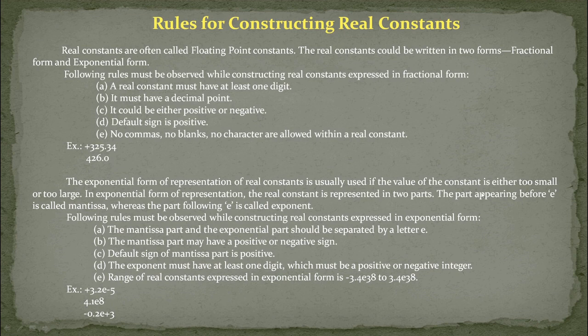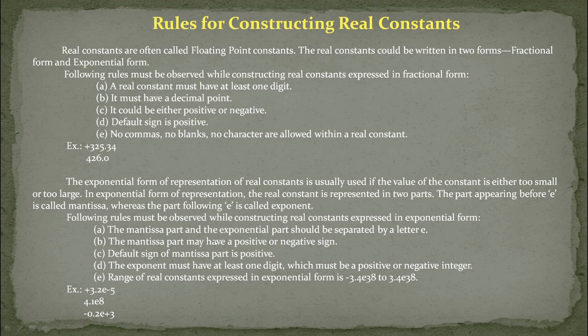The part appearing before E is called mantissa, whereas the part following E is called exponent. The following rules must be observed while constructing a real constant expressed in exponential form. The mantissa part and the exponential part should be separated by a letter E.